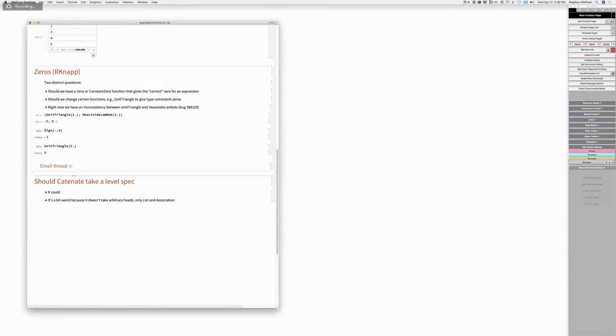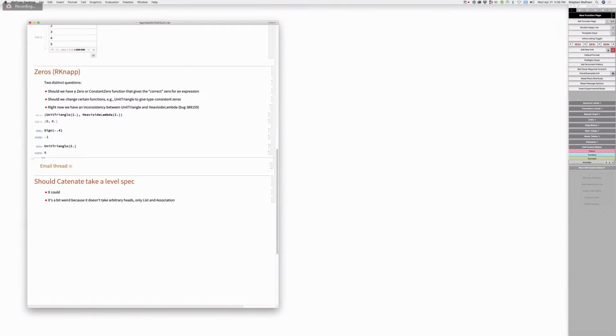Doesn't bool always give an exact? No, bool does, but inverse bool. I'm not sure what inverse bool is. Well, it's the thing that goes from 0, 1 to true, false. I forget what.